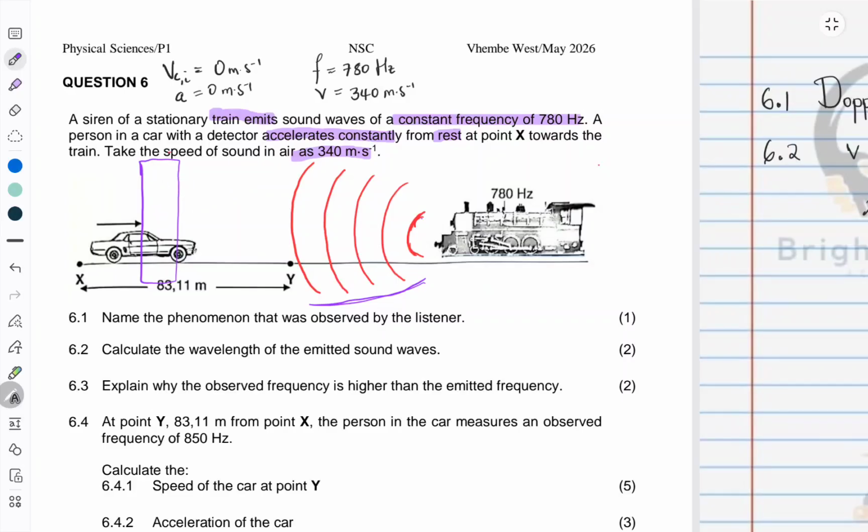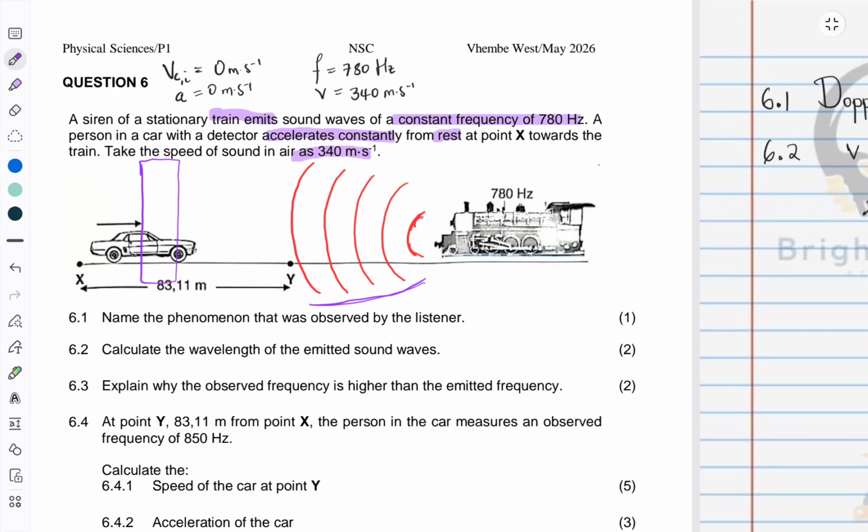So what that does is it increases the observed frequency of the wave fronts, because what it effectively means, using our examples, is that right now, compared to how many wave fronts are being emitted, I'm actually taking a bit more, right, per time.